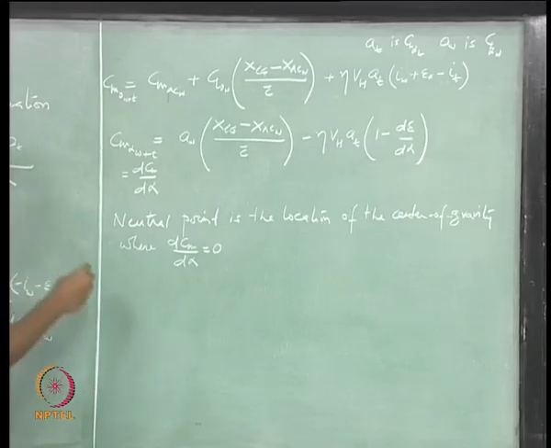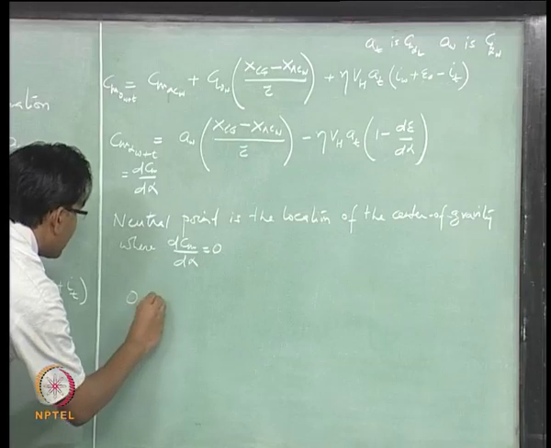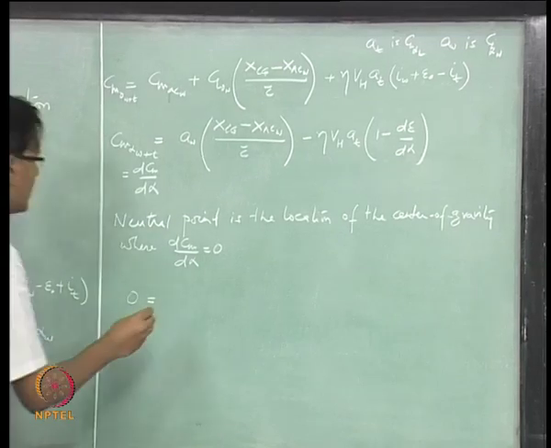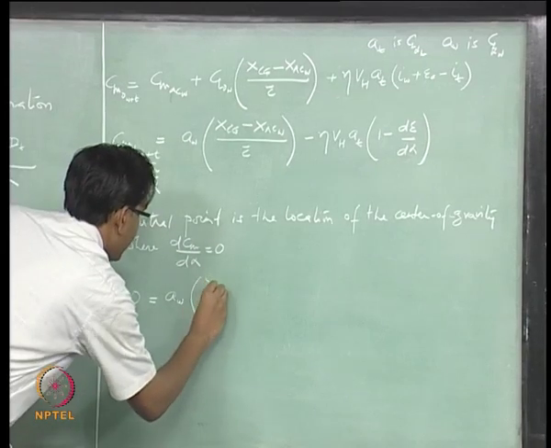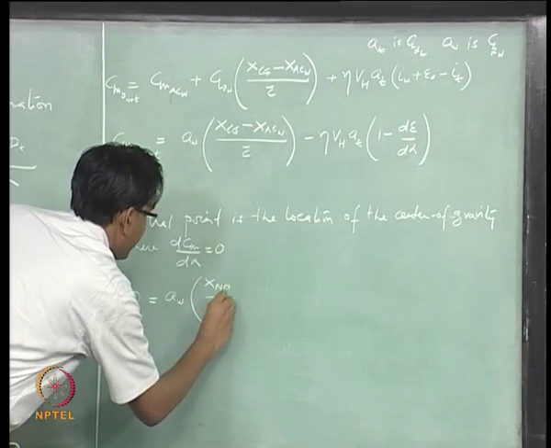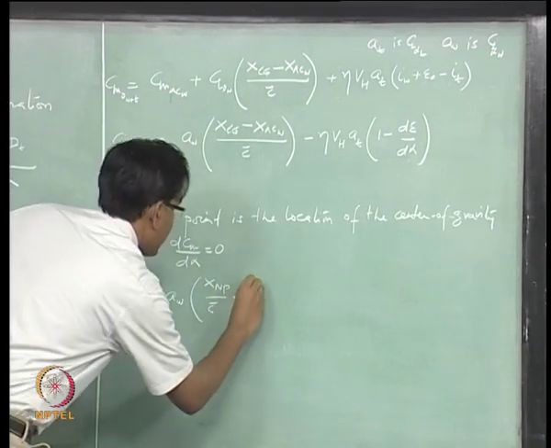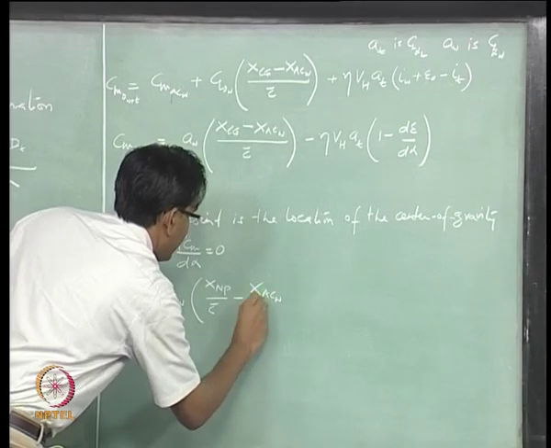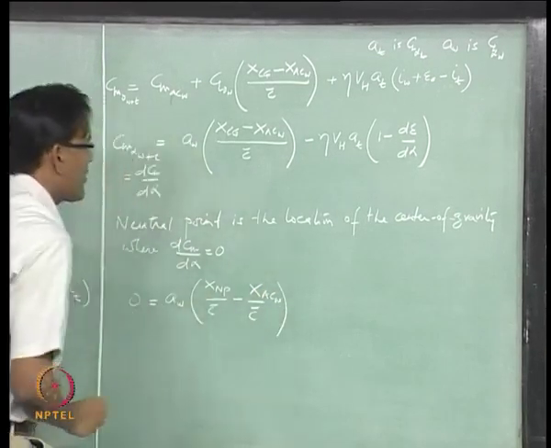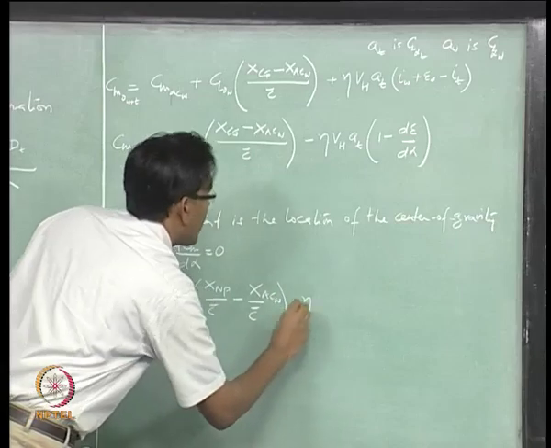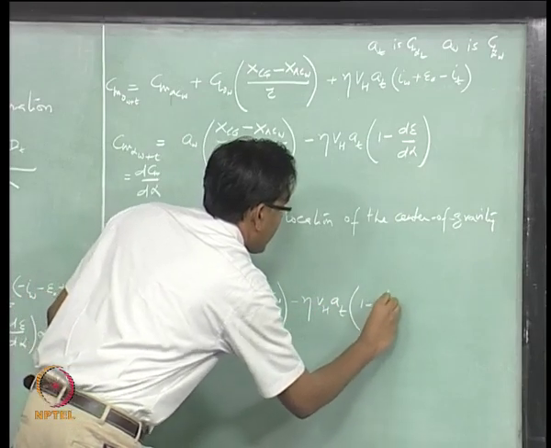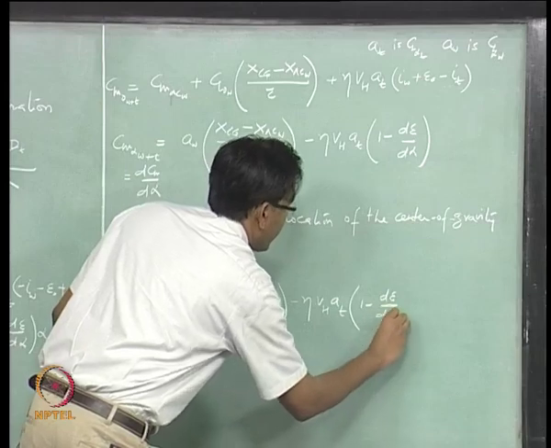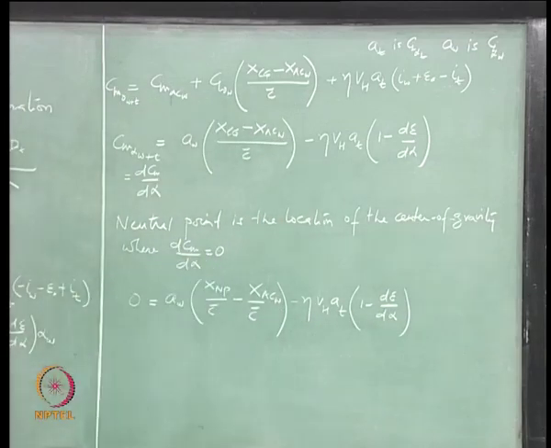Right. So, you can set this to 0 and find out what is x and p.